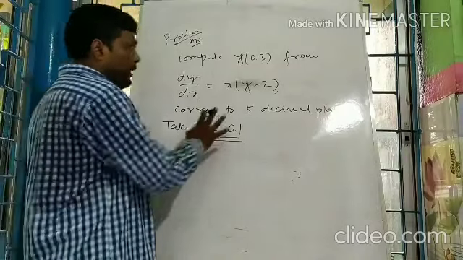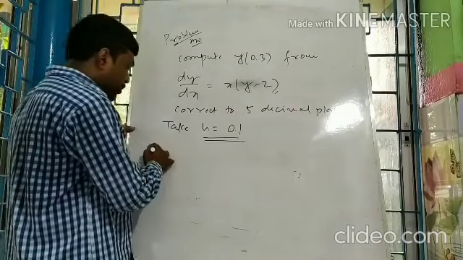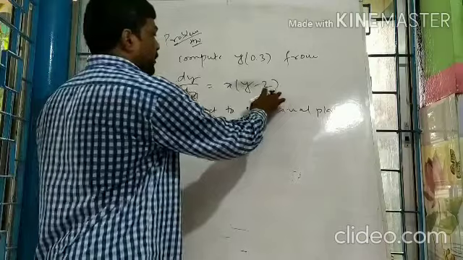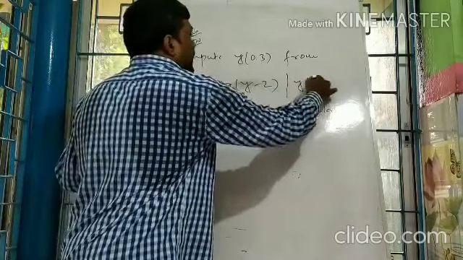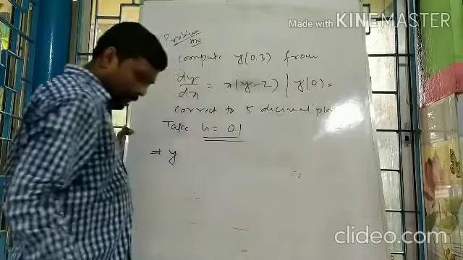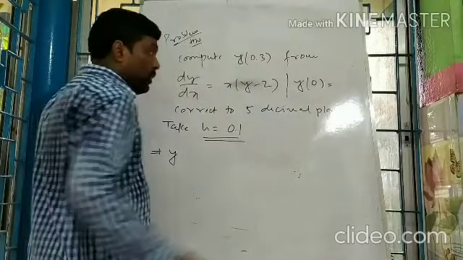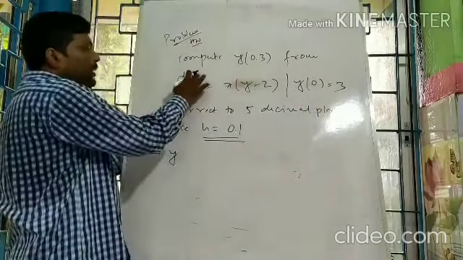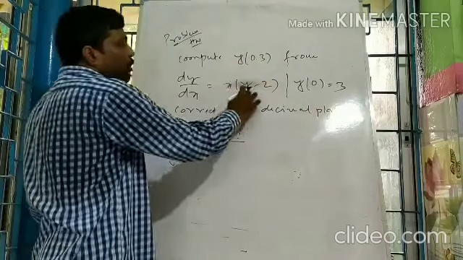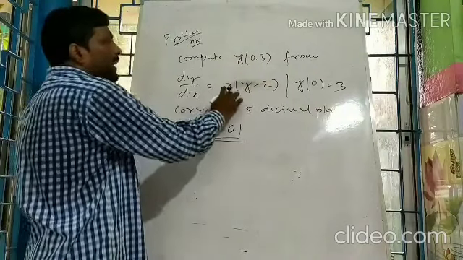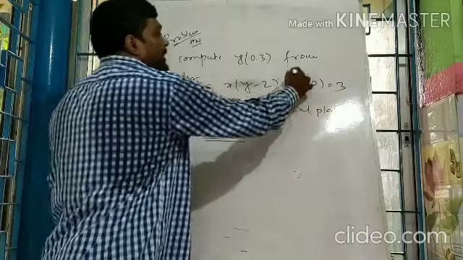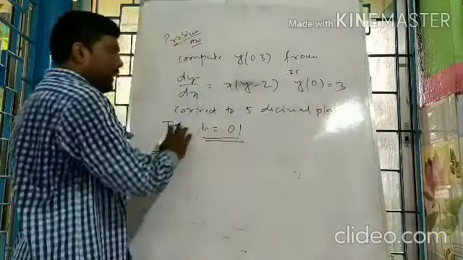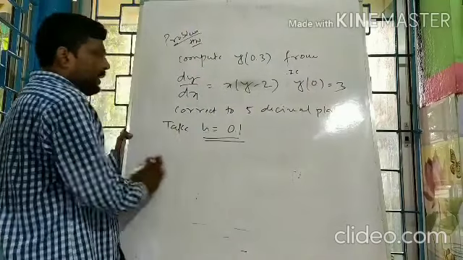For this problem, the initial condition is y(0) equals 3. So the question is: compute y(0.3) from the differential equation dy/dx equals x into y minus 2 with initial condition y(0) equals 3, correct to 5 decimal places. Take h equals 0.1.